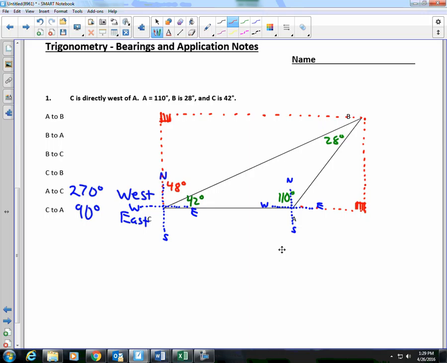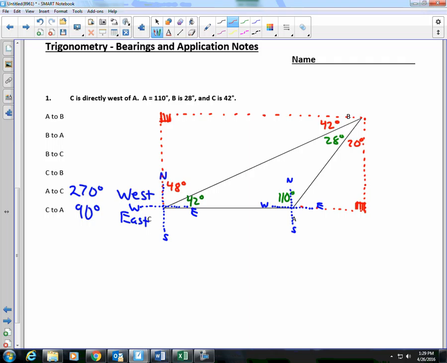Does everybody see that I have here a triangle? What do all the triangle angles have to add up to? 180. So 180 minus 90 is 90, minus 48 is 42 degrees. Okay. What do these three angles have to add up to? 90. So 90 minus 42 is 48, minus 28 is 20.